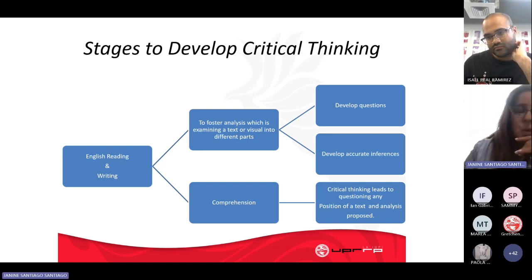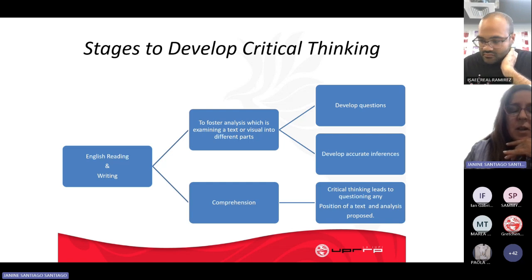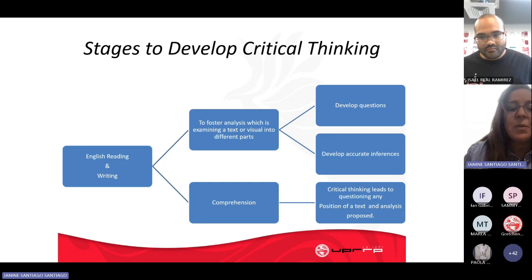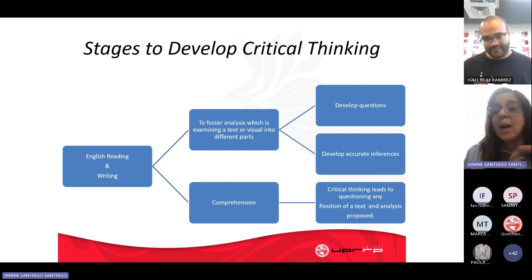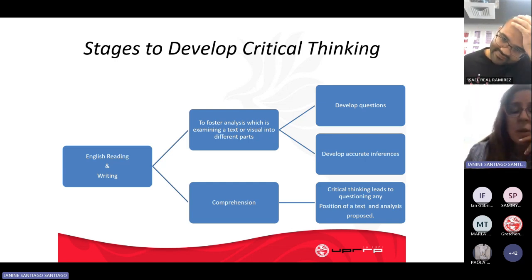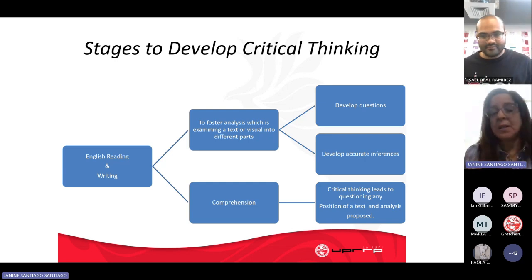So for example, what we have been doing, we're fostering reading, but integrated with writing. So we do English reading and writing intertwined at the same time. What is the goal? To foster analysis. And what is analysis? It is examining a text or visual into different parts and elements.